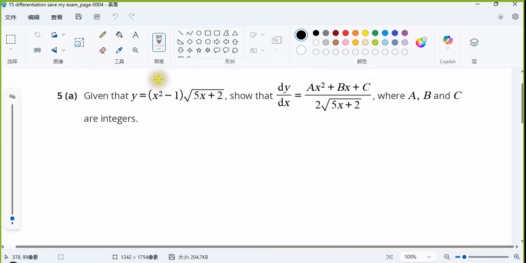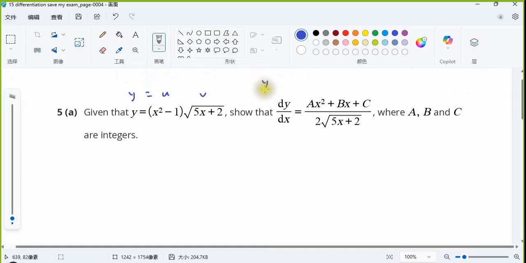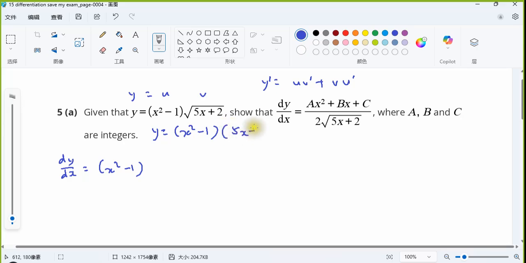Okay, so we have u and v here. So y equals uv, then y prime will be u v prime plus v u prime. So this y is x squared minus 1 times 5x plus 2 to the power half.